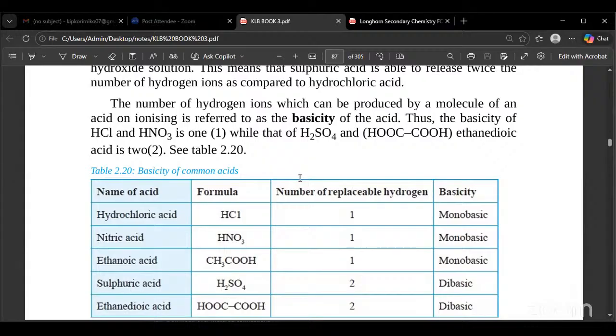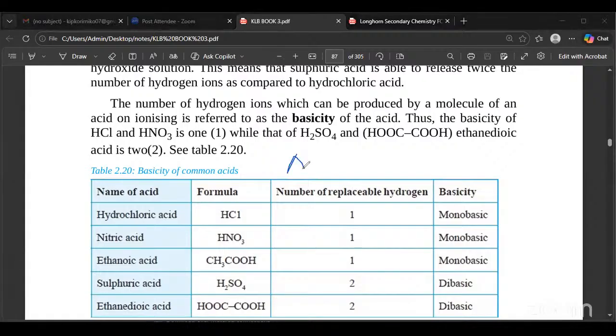When we are writing acids in an equation, an acid is normally represented as hydrogen ions. That is how we denote an acid. The number of hydrogen ions in an acid is what we call basicity.